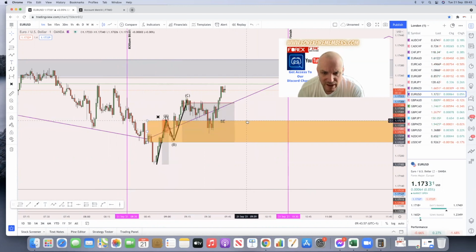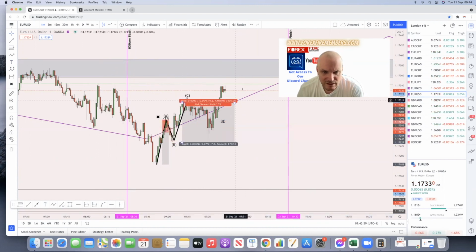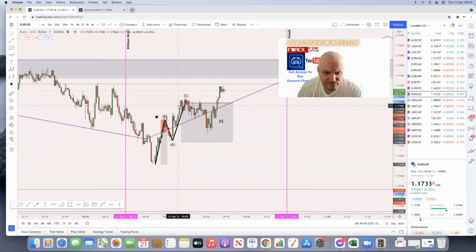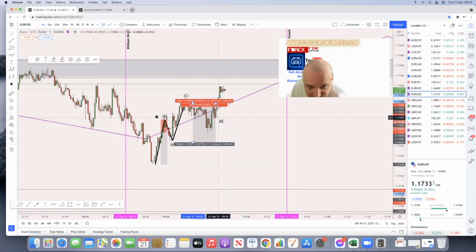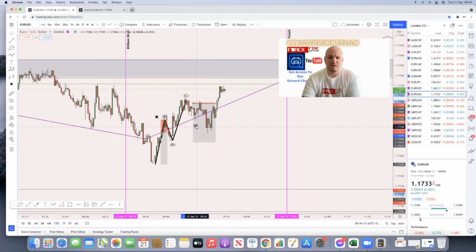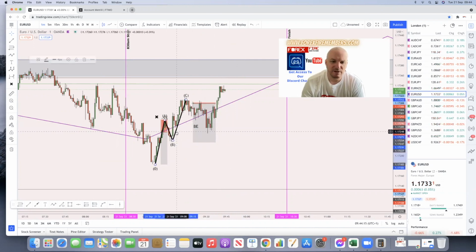So we're moving back into the uptrend into this block, to be fair. From there, guys, let's get this into here. This into here. Let's get rid of this.